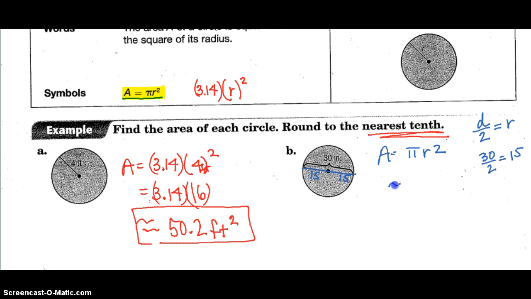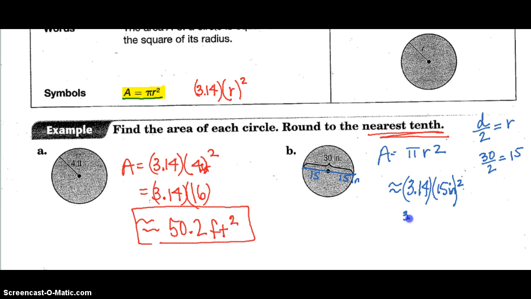So to find our area, it's going to be approximately 3.14, and this is inches, by the way, 15 inches squared, the whole thing, 15 inches squared. So on my calculator, I'm going to use the square button, and I get 225. And I'll take that and say times 3.14.